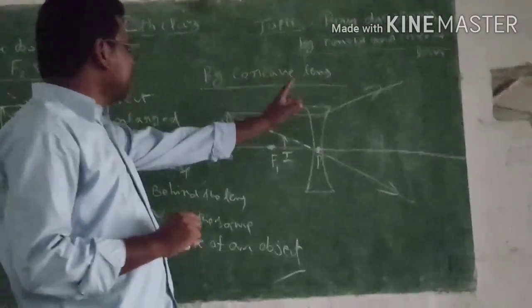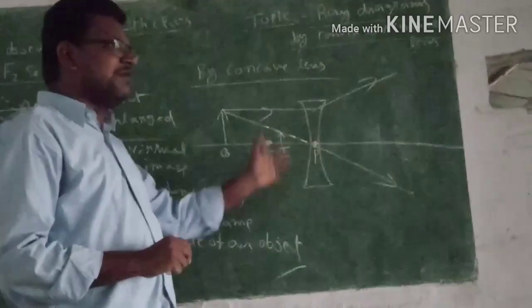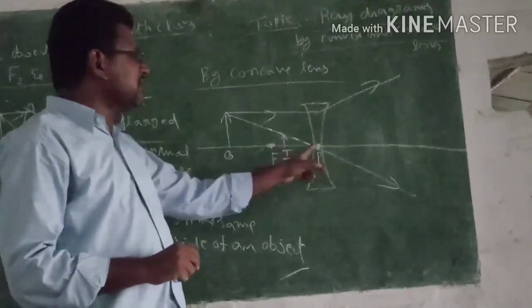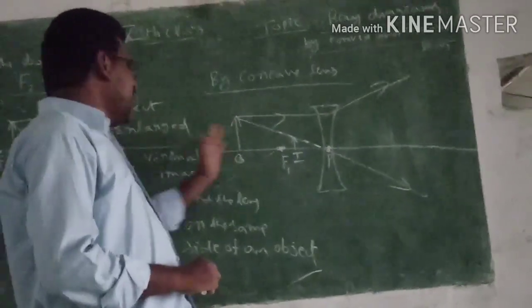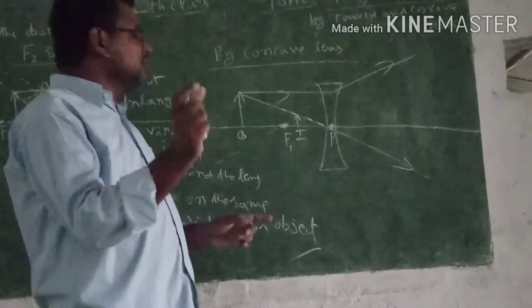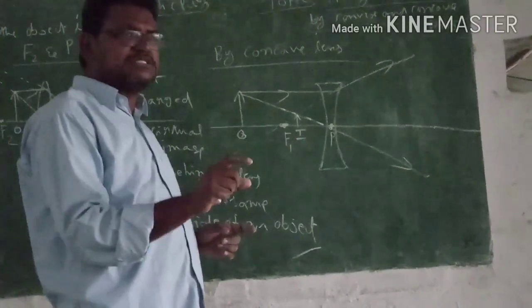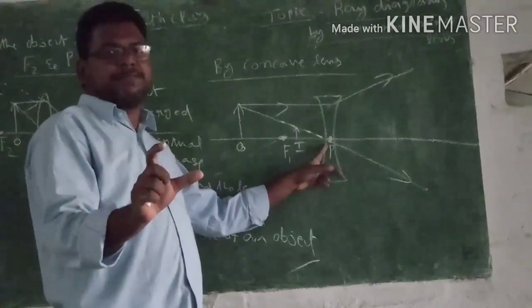So in the case of a concave lens, wherever the object is, the concave lens can form its image between focus and optic center. As you change the object distance in front of a concave lens, the position of the image also changes, but between a focus and the optic center only.